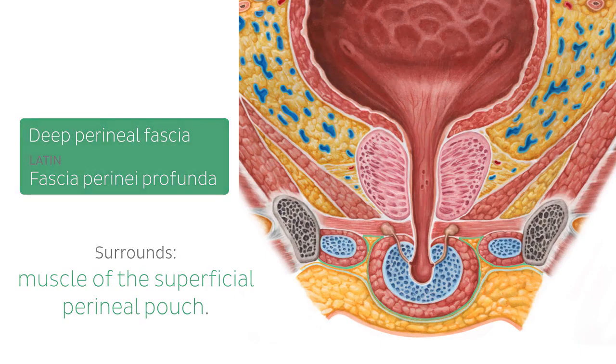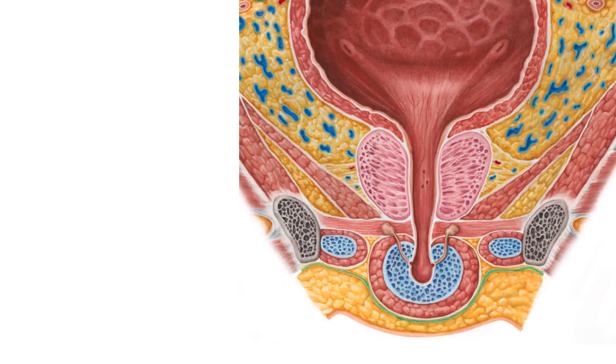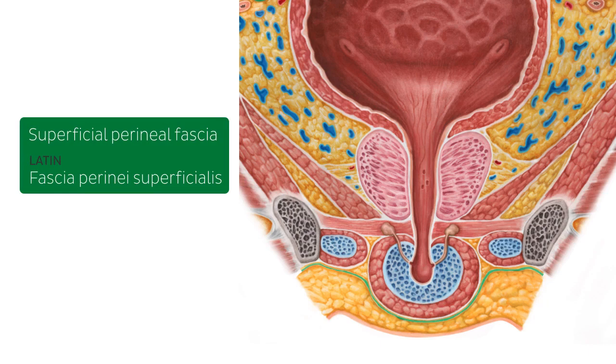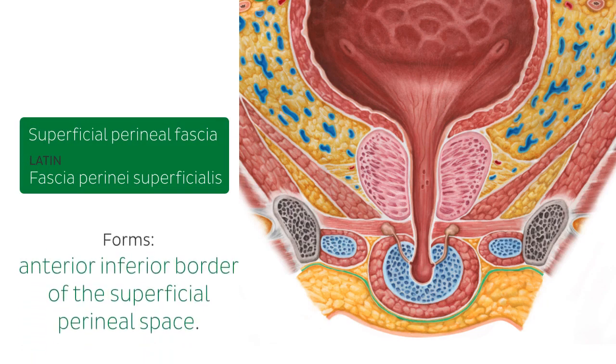And another fascia here that we find on this image, on this cross section, this is the superficial perineal fascia. Now, the superficial perineal fascia is a thin aponeurosis that forms the anterior inferior border of the superficial perineal space.